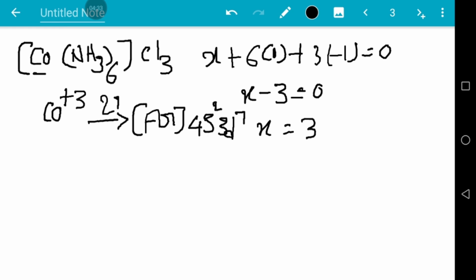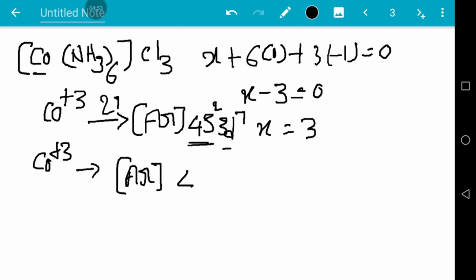Now for cobalt plus 3 configuration, we have to remove 3 electrons: 2 electrons from the 4s orbital and 1 electron from the d orbital. Then the cobalt plus 3 configuration is argon 4s0 3d6. So totally 3 electrons we remove.